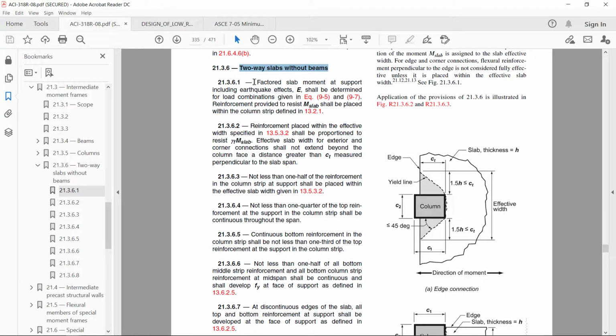It says, number 1, the factored slab moment at support including earthquake effect E, the same thing which is reproduced over there, shall be determined for load combinations given in equations 9.5 and 9.7. Reinforcement provided to resist M slab shall be placed within the column strip defined in para 13.2.1.